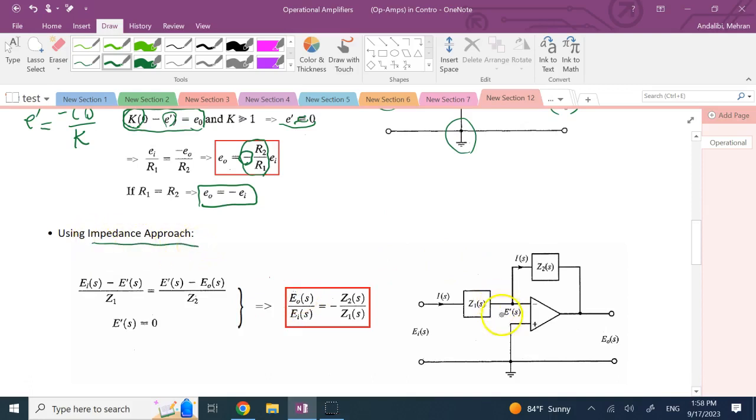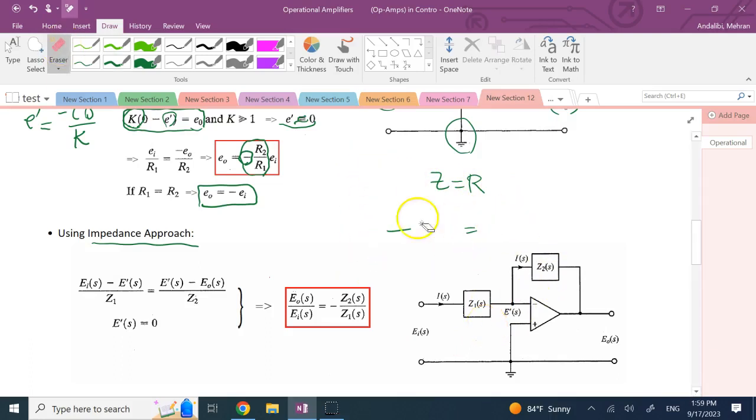For a capacitor with capacitance C, the impedance is 1 over CS, while for a resistor R the impedance is simply R, and for an inductor it is L times S.